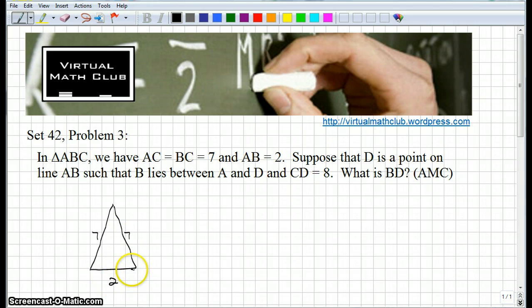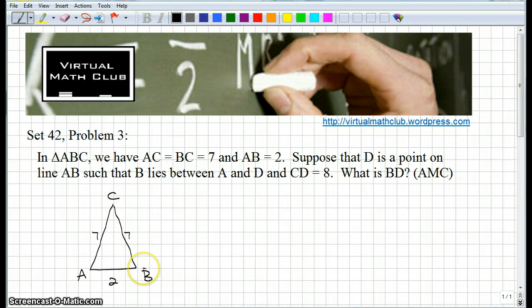Not to scale. And then we're told, and this is a little bit tricky, that there's a point D on line AB. Wait a minute, we've got to label these, don't we? So we have AC is 7, BC is 7, and AB is 2. That all checks out.